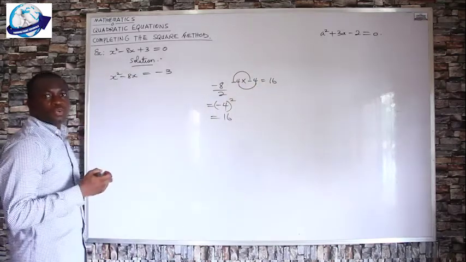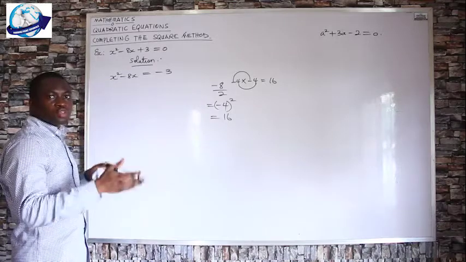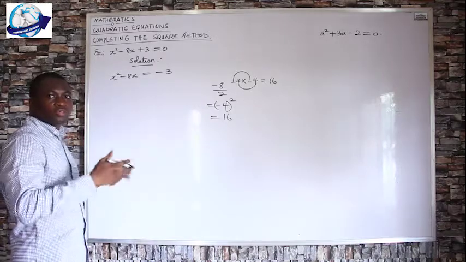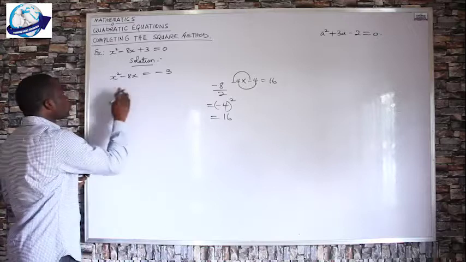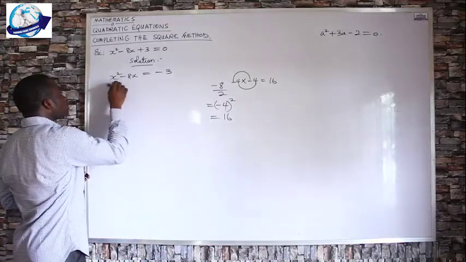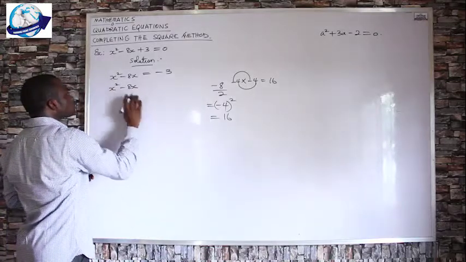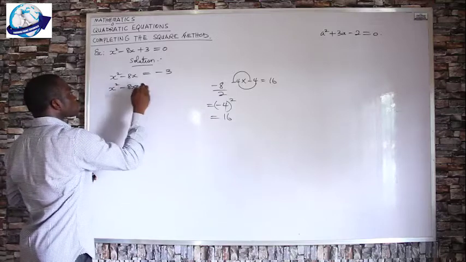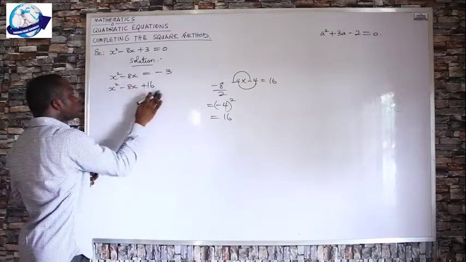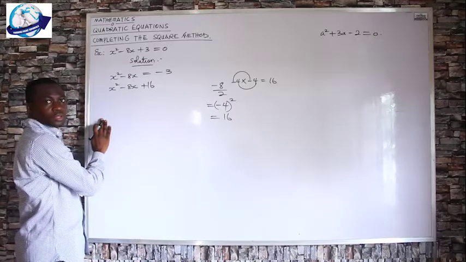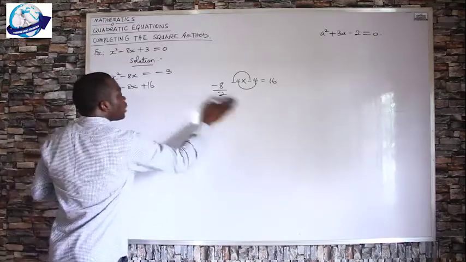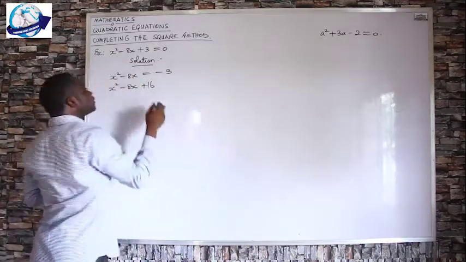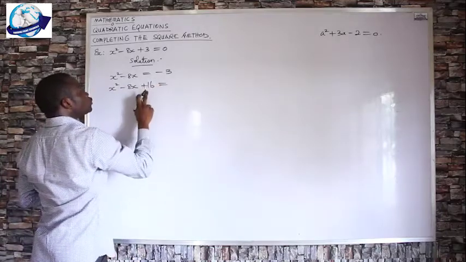Then after that, you will add the answer to the left and the right hand side of the equation. So what do you have? You have x squared minus 8x, then I will bring plus 16. This is the left hand side of the equation. Then you add the same plus 16 to the right hand side of the equation.